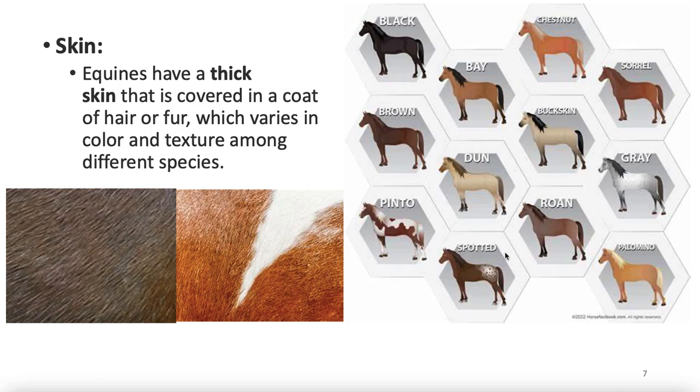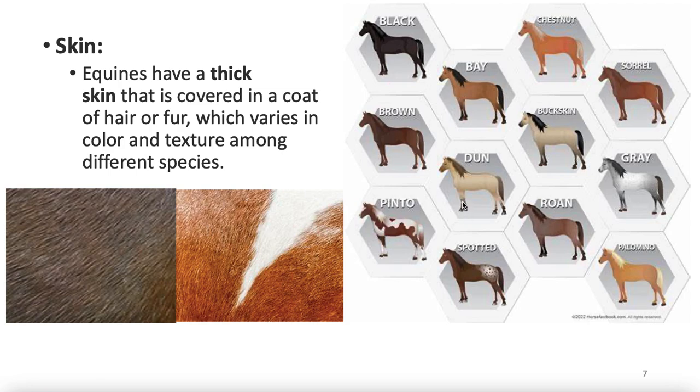Now these are the different colors: black, chestnut. Keep in mind that chestnut and bay are the common colors found in the horse population, while the other colors are comparatively rare, or fewer horses have this kind of color.